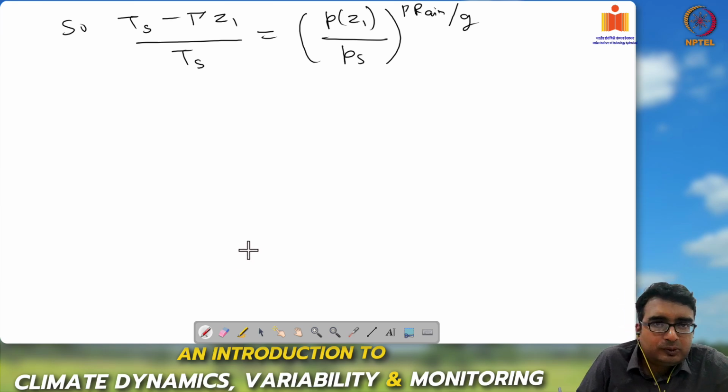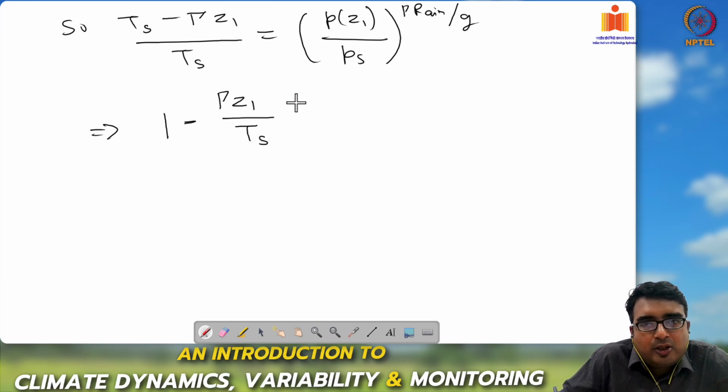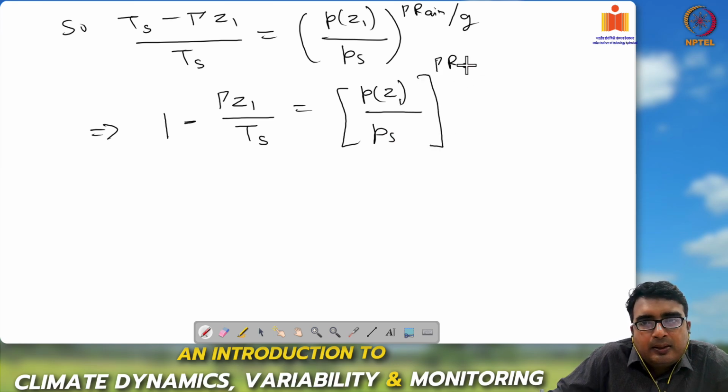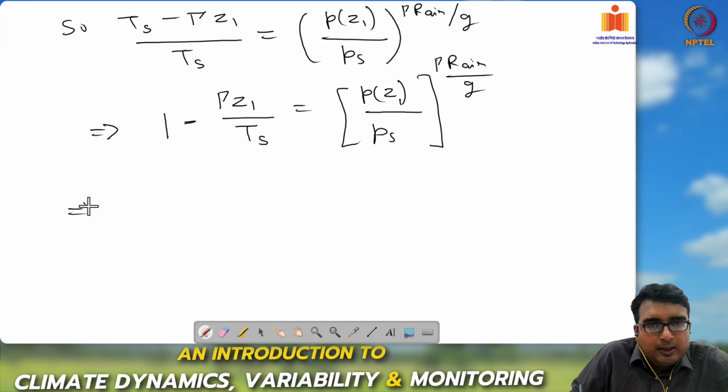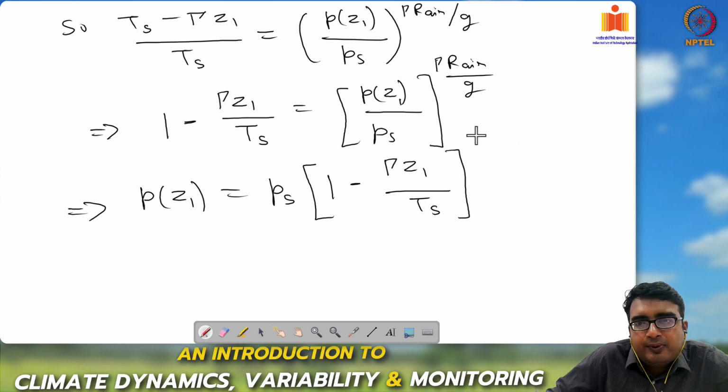Okay. Implies 1 minus gamma z1 by Ts, so we are just taking this common, equals Pz1 by Ps to the power gamma R air by g, which implies that pressure at z1 is equal to the sea level pressure into 1 minus gamma z1 by Ts to the power g by gamma into R air.